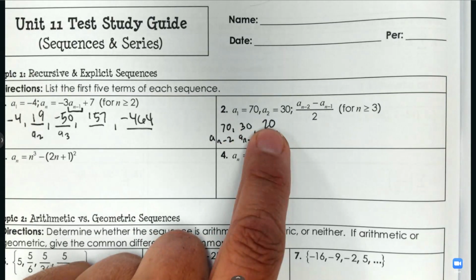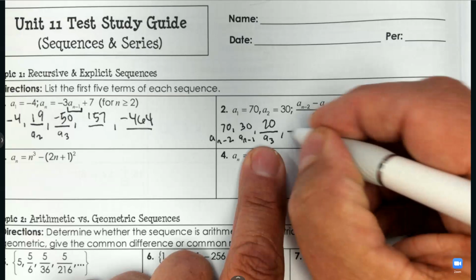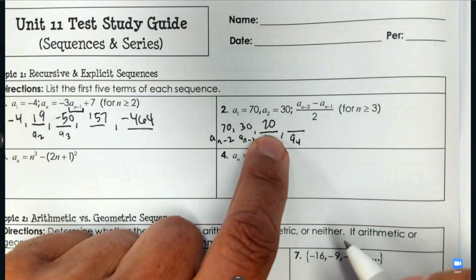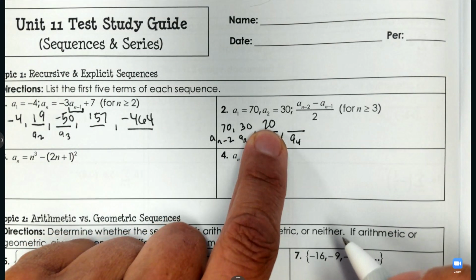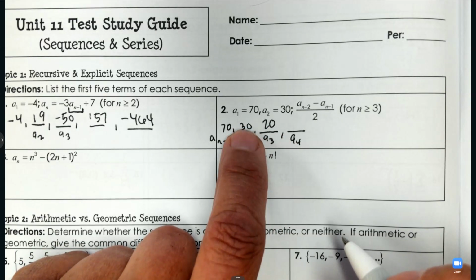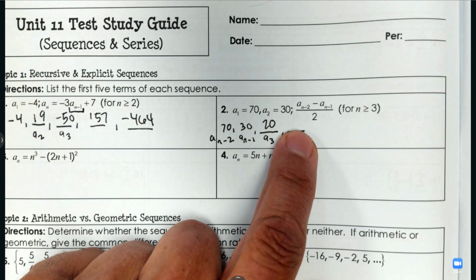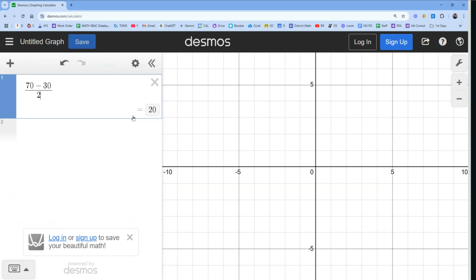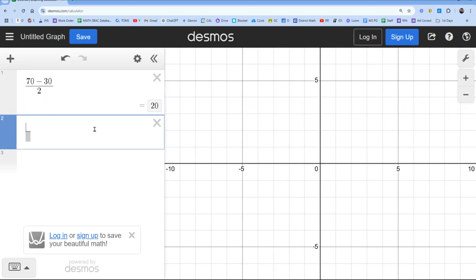Now I'm using the one that's back, so I want to find this one. So n-1 is this, 20, and then n-2 means 2 back, which is 30. So now I'm going to go 30, take away 20, divided by 2. So again, 30, take away 20, and then divided by 2.